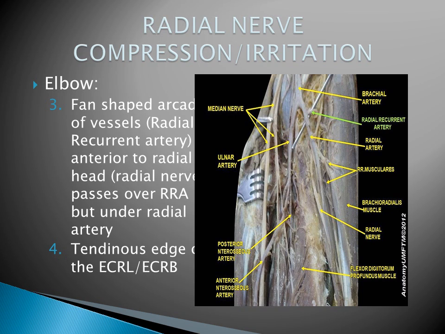So depending upon the location where the radial nerve is compressed, we're going to get a different constellation of motor and or sensory symptoms. So let's discuss those now.